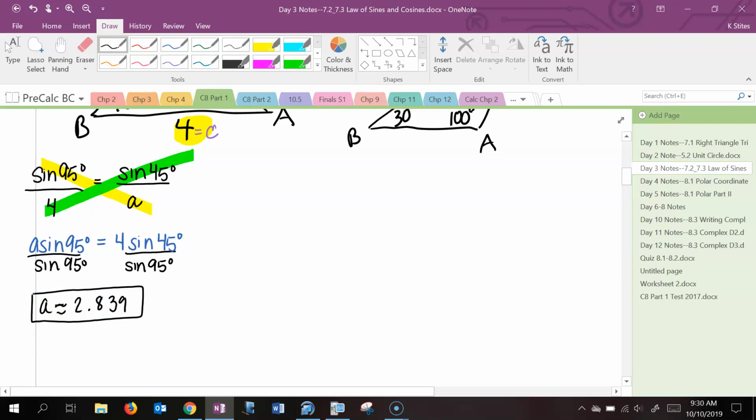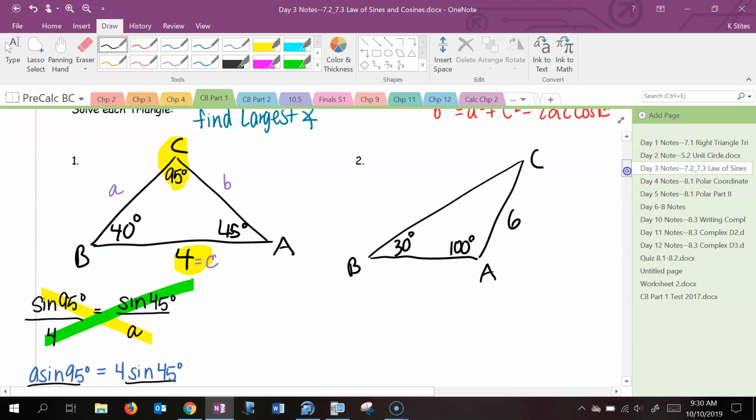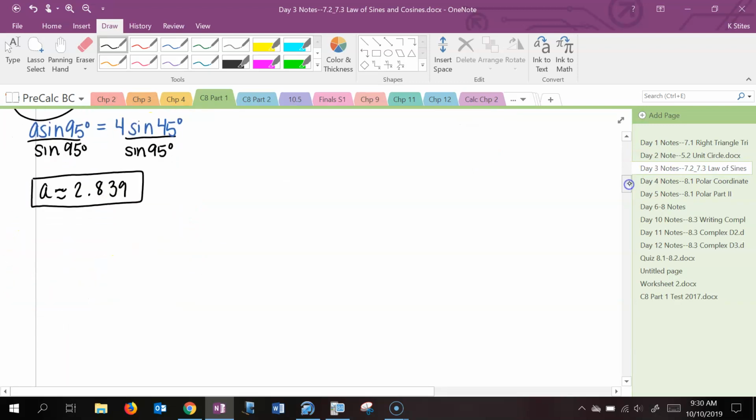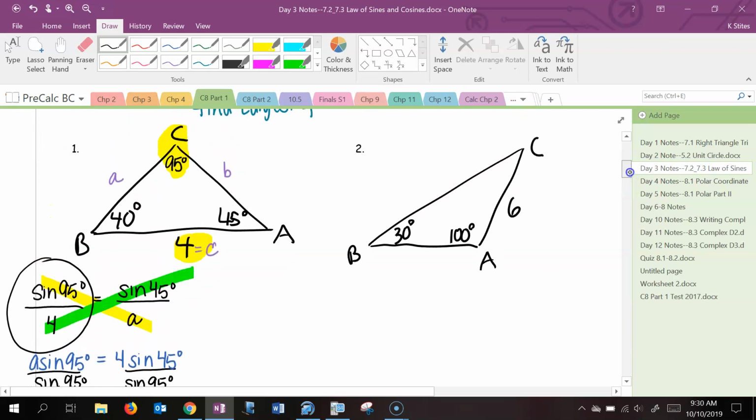When we find side B, which is the last thing that we need to find, ideally you do not use a rounded side to find a new side, so we are going to go back and start with our sine 95 over 4. And then I'm trying to find B, I believe. So my new angle is 40 degrees.